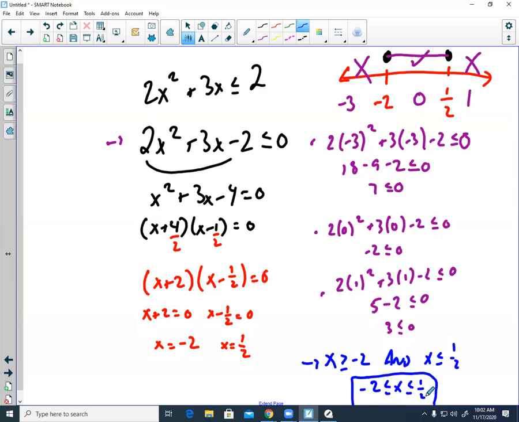If you want to do it that way, that is 100% fine. The only thing is just make sure that you're paying attention to whether you have to divide by negatives or things like that, because that could flip the inequality sign. So just make sure that you're paying attention to the rules of the inequality. So that's important. And then the only reason I do it this way is because this way works for absolutely every single scenario, and it's foolproof.